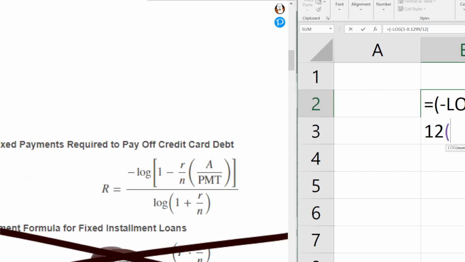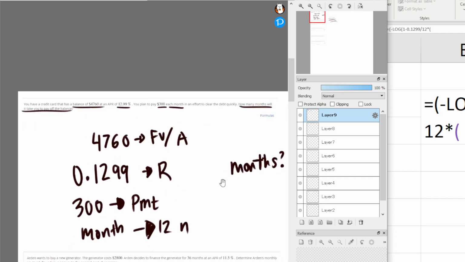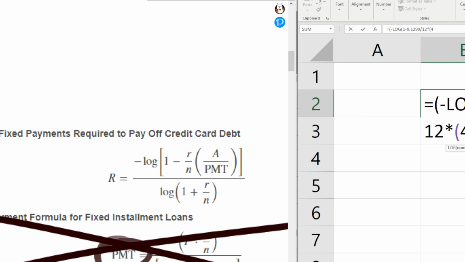And then we multiply, with another parenthesis, times A, which is our amount, 4760, divided by payments, which was 300. Then close that parenthesis, and close this one, and one more time because we had one around the log.